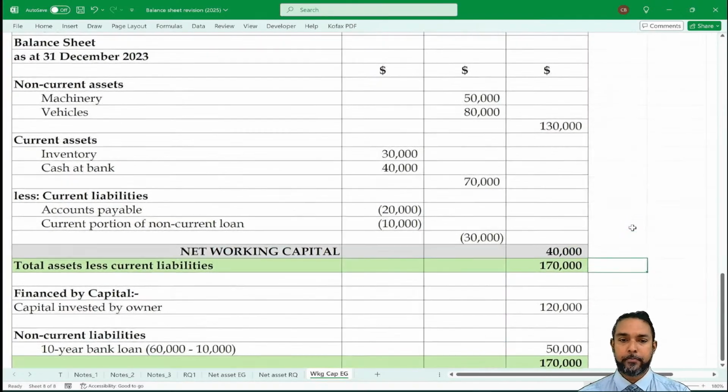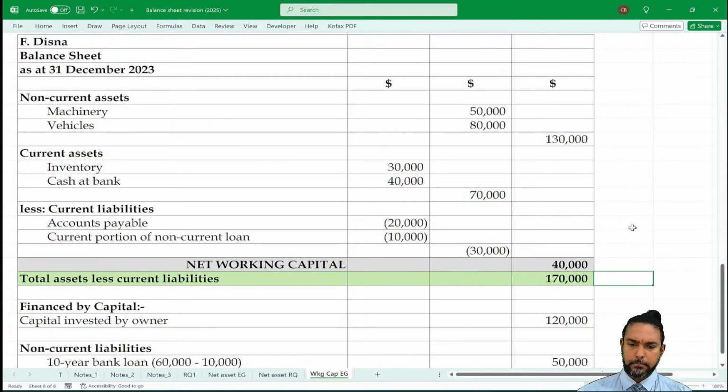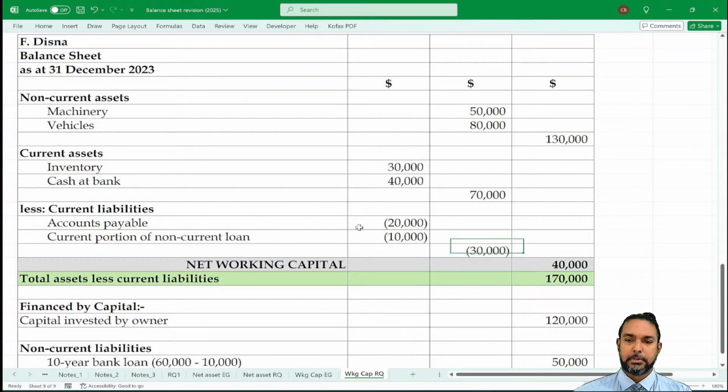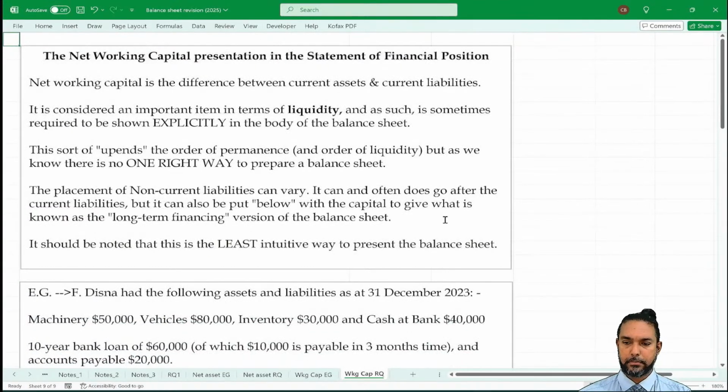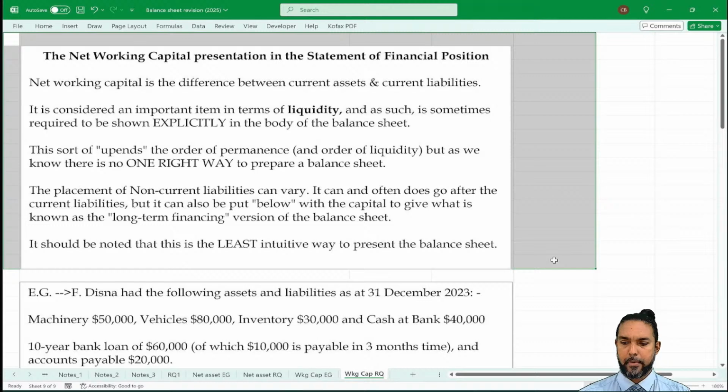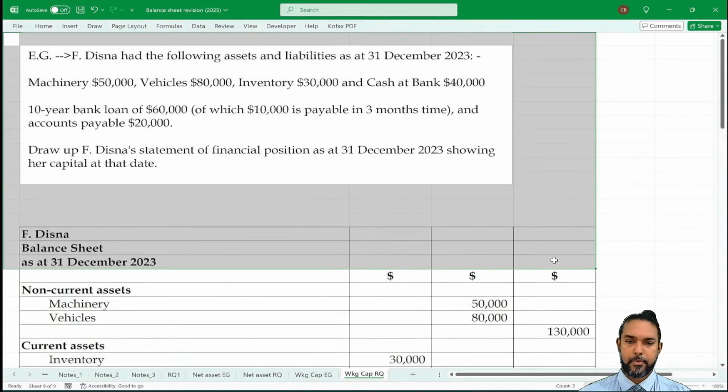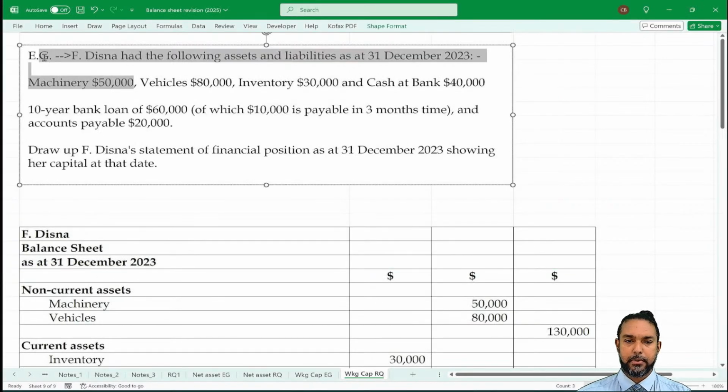Okay, cool. So, let me go on to the other page here. So this is the working capital review question. All right, so the RQ.